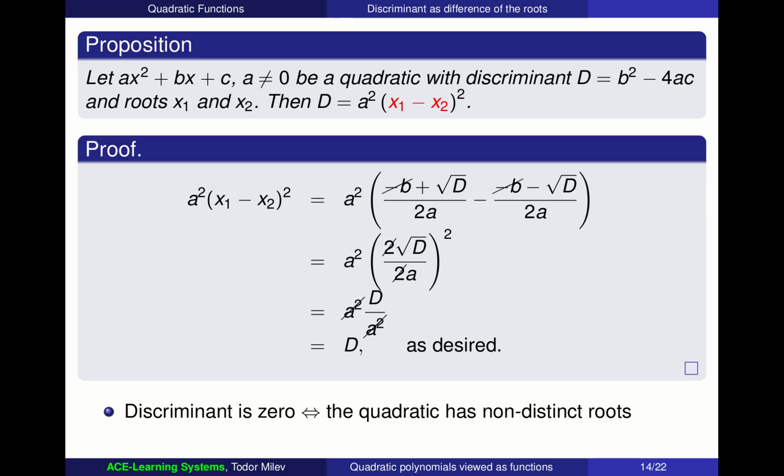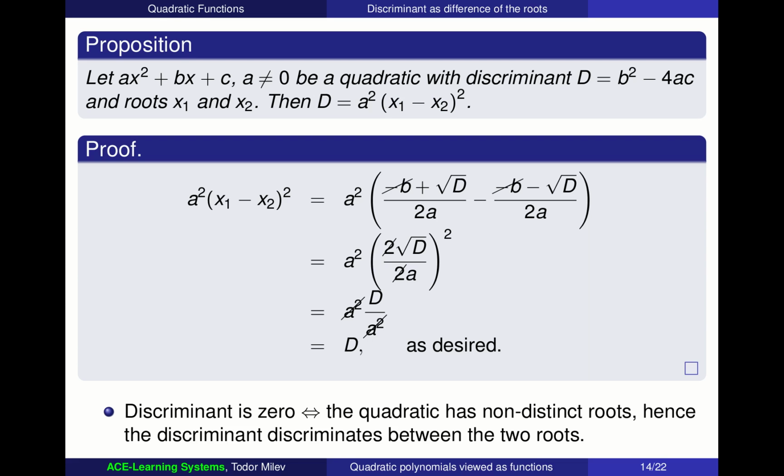So the discriminant is 0 if and only if x1 and x2 coincide. Once again, the discriminant is 0 if and only if the two roots are actually the same root. In other words, the discriminant discriminates between the two roots, and that actually explains why this D is named the discriminant.